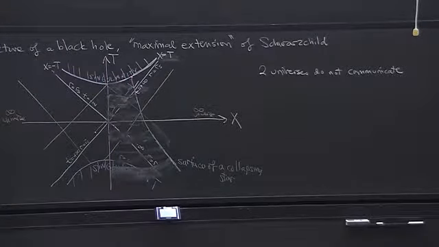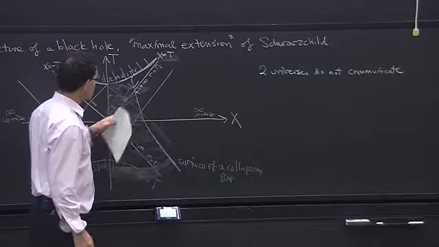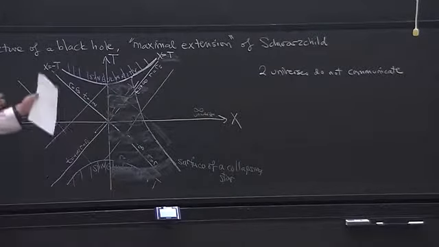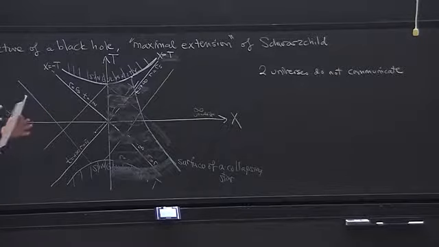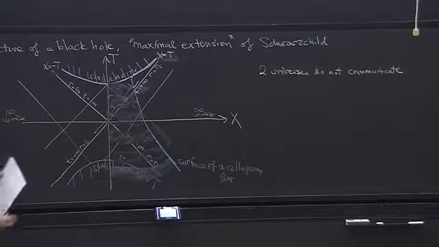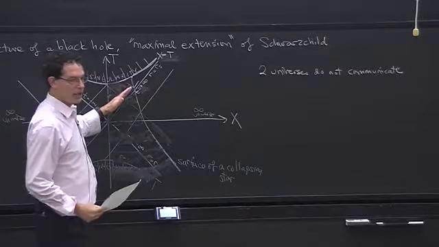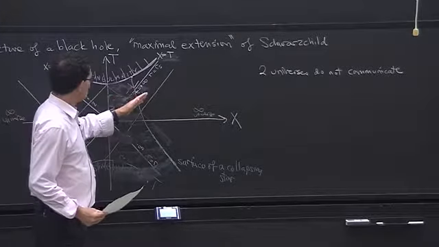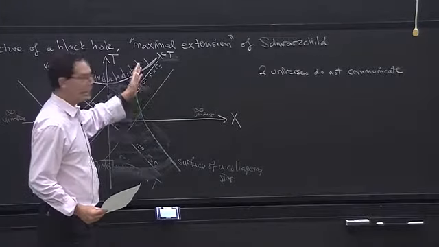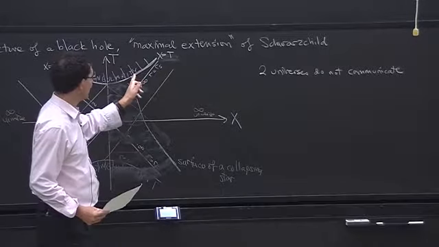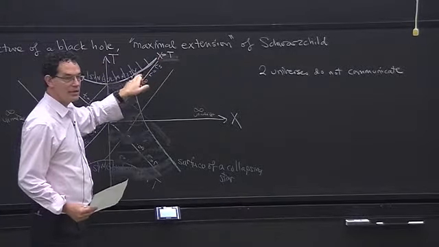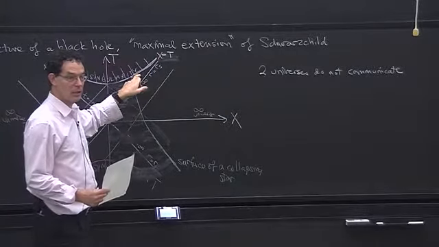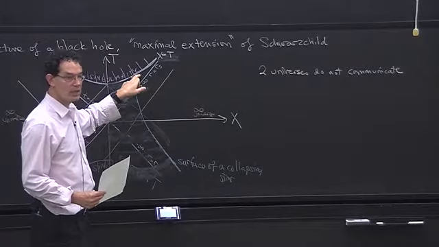If a star falls inside its horizon, its Schwarzschild radius, 2GM over c squared, so if its outer radius becomes smaller than 2GM over c squared, you'll get a diagram like this. And as you track the space-time inside that Schwarzschild radius, you're going to find that outside the star, there's a singularity, exactly the one we've described in the Schwarzschild metric.